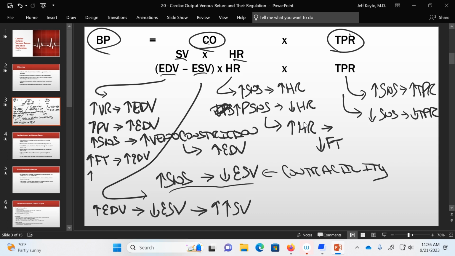All right, now make the rest of the connections. If it has less time to fill, it gets less full. So a decrease in filling time is a decrease in EDV, right? And therefore a decrease in stroke volume. That's actually the reason why our hearts can't beat effectively at 200 beats per minute, right? There's not enough filling time, so we don't get much of a cardiac output.